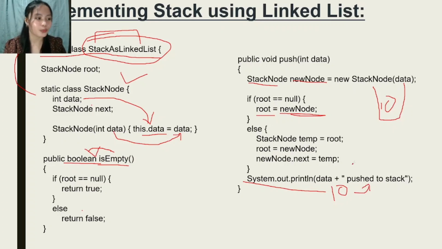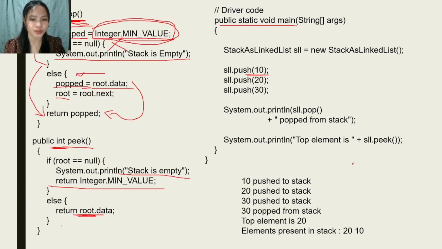That is the first statement that will be printed on the screen. So let's go back to our main method. We have already pushed one value.